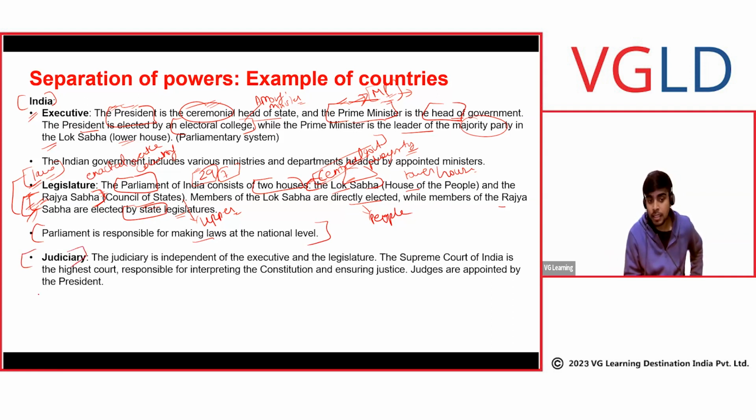Now, what is the part of the judiciary? Okay, and please understand, there is a reason that we call the Supreme Court supreme. There is a reason for this word.